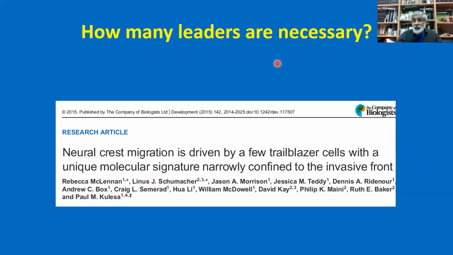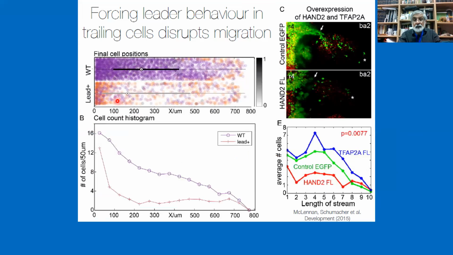So here's an example where we count the number of cells as they invade. Here's the diagram. This is distance along the corridor. These are the normal ones, and these are the ones where we increase the number of leaders.